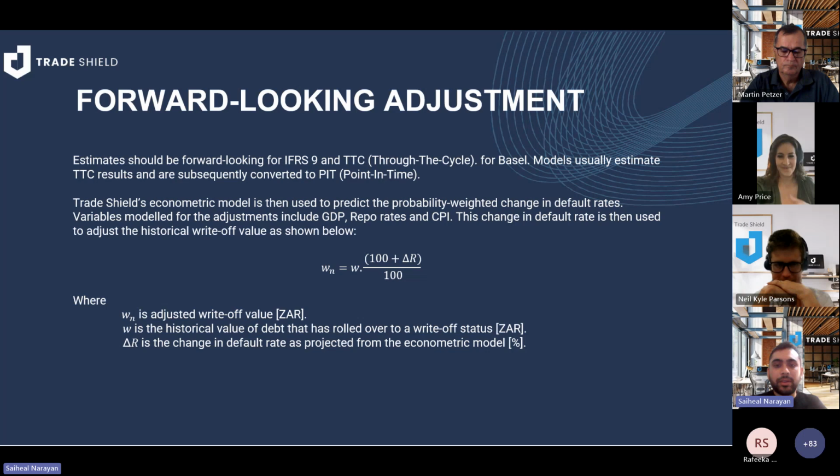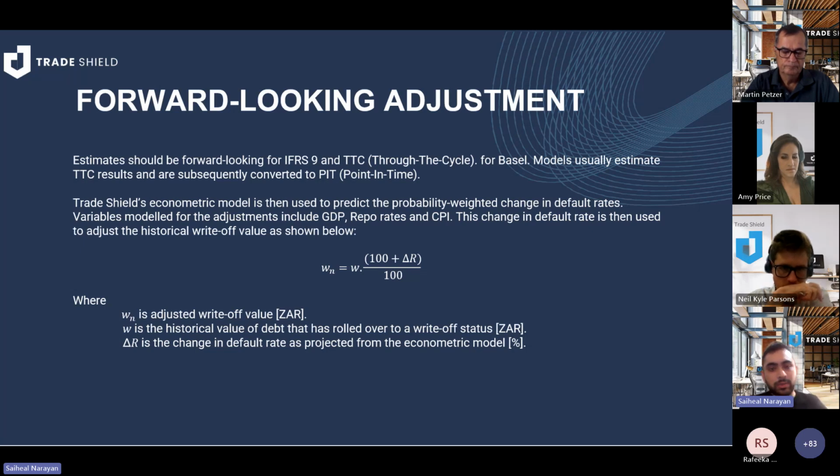And these are the main three factors we have seen that affect your default rates. They are macroeconomic factors that you can't control, that we take into account. When we are adjusting for forward-looking information, we look at the best case scenario that can happen in terms of GDP, repo rates, and CPI.